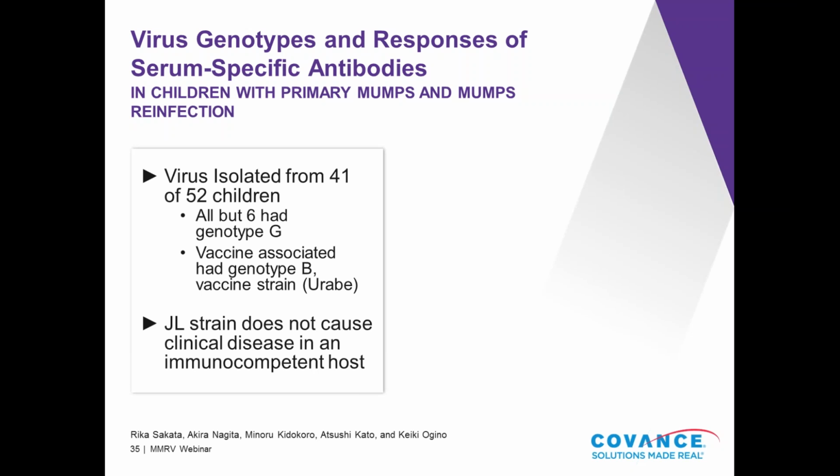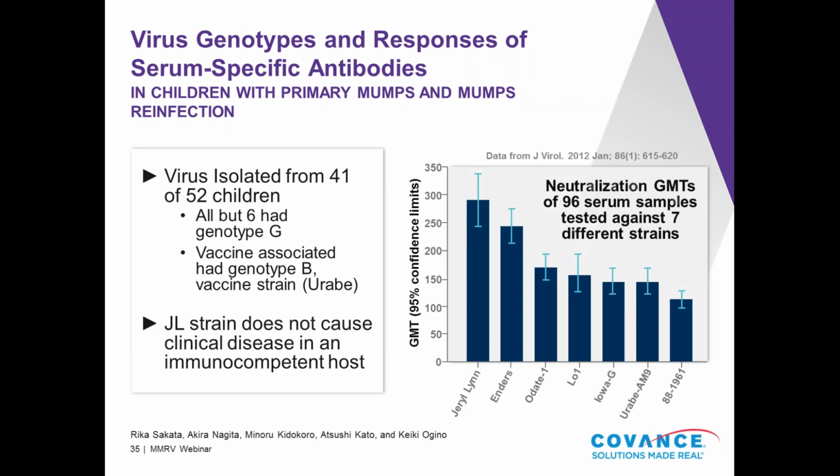This mismatch as a factor in mumps infection is also apparent from the data on the neutralization levels of serum from 96 different individuals against 7 different mumps strains. As we can see, the highest neutralization titer was achieved against the mumps vaccine strain, and the titers decreased from there as more divergent strains were tested.